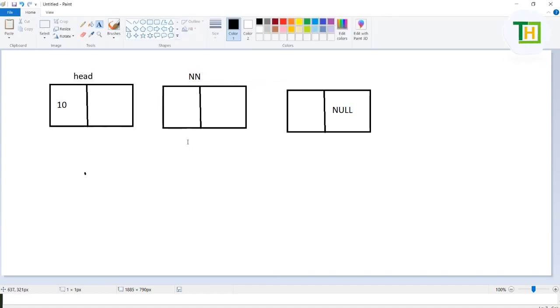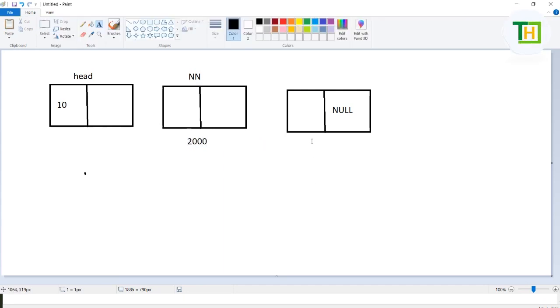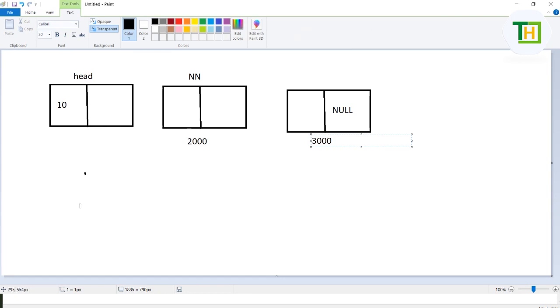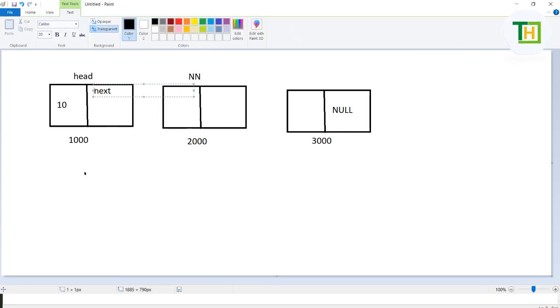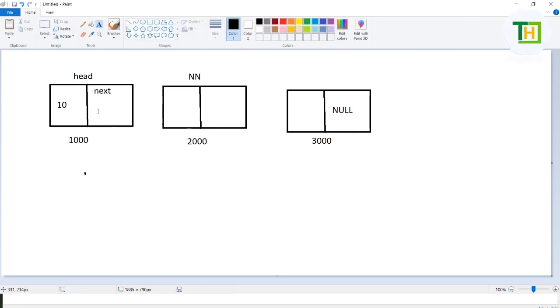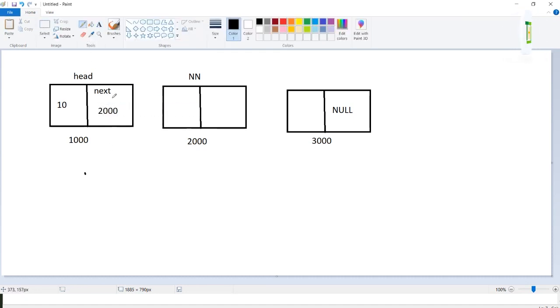That means this contains some address, and this contains some address, and this contains some address. header.next, this is next, right? head.next is equal to new node. That means here I'm going to make 2000. That means there is a link between these two.